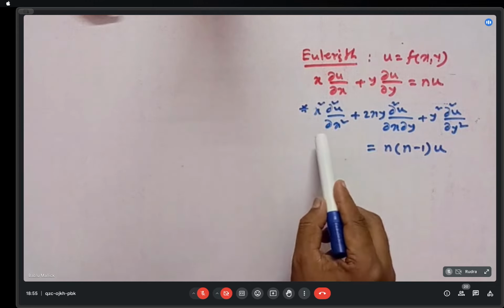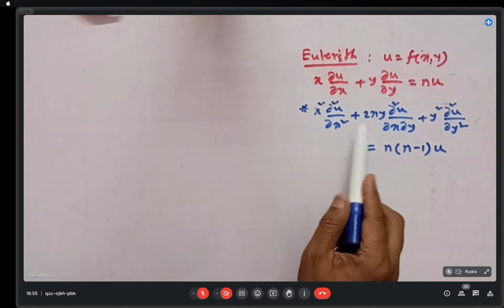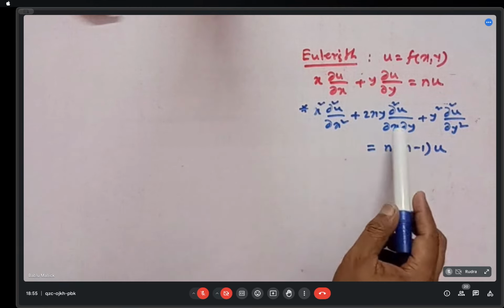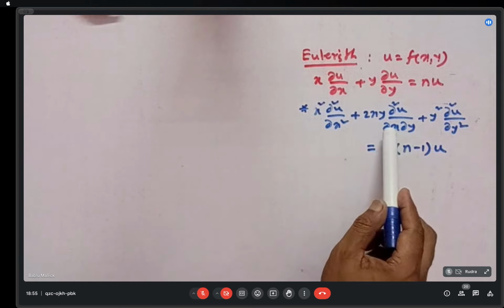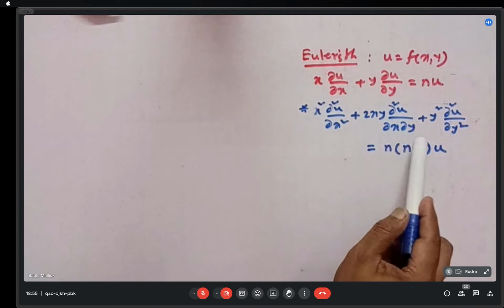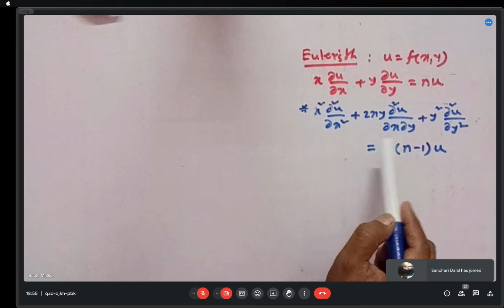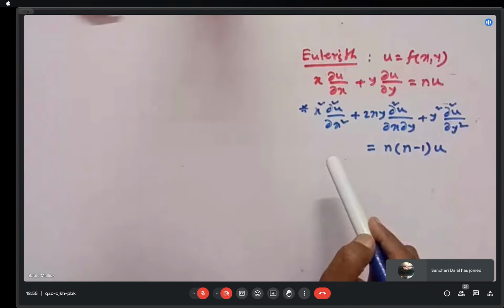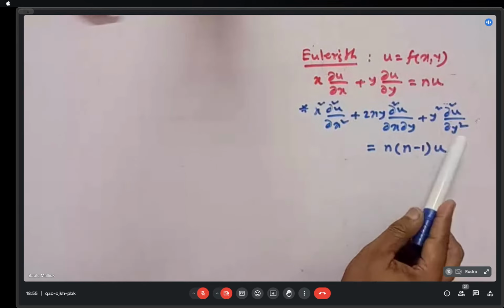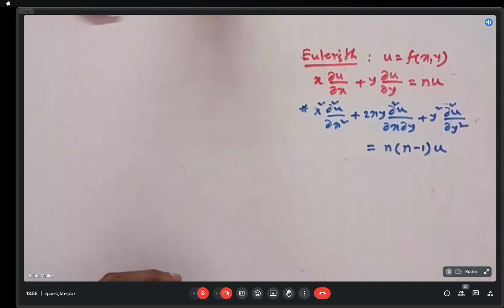So x square into del 2 u del x2 plus twice xy into del 2 u del x del y plus y square into del 2 u del y2 is equal to n into n minus 1 into u.